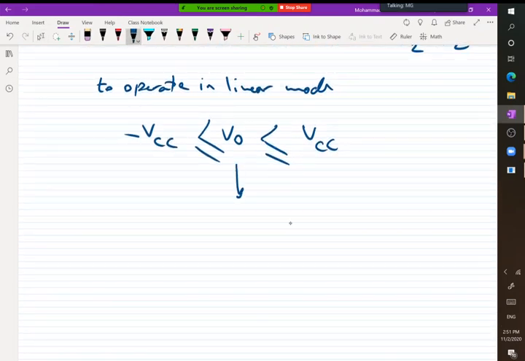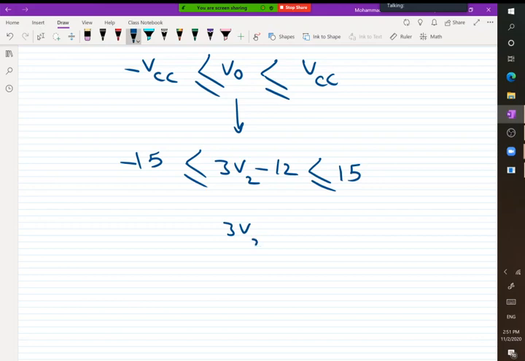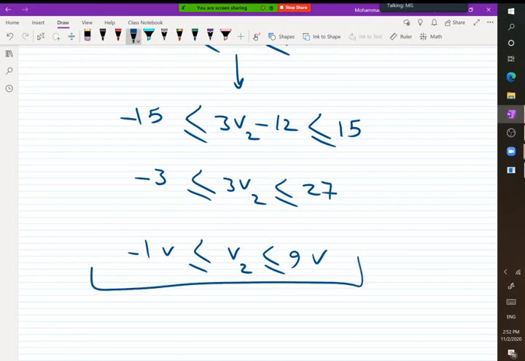So instead of VO, we'll replace it with 3V2 minus 12 less than or equal to 15 volt, greater than or equal to negative 15 volt. 3V2 less than or equal to 27 volt, greater than or equal to negative 3, or we can say V2 is less than 9 volt and greater than negative 1 volt. Okay, so this one is the range.